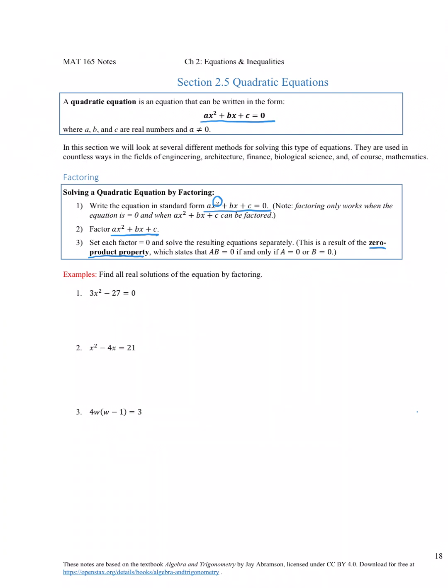Let's take a look at number 1. Our equation is in standard form. There's no bx, but that's okay, and it is equal to 0. If you notice, we have a greatest common factor of 3. So we're going to go ahead and factor that out. And notice we also have the difference between two squares, so we can factor this a little bit more.